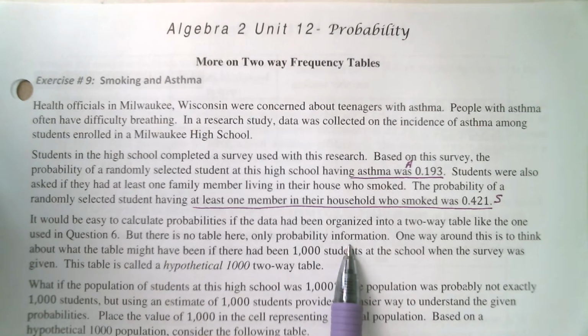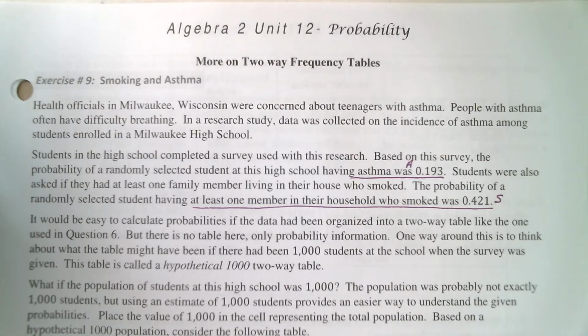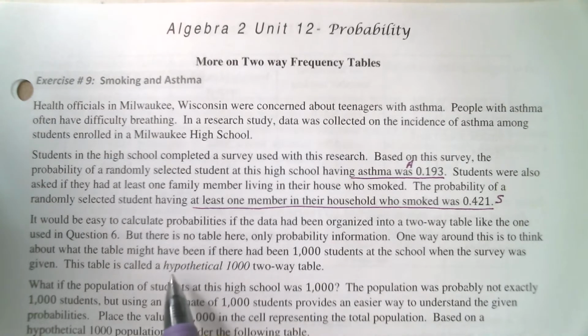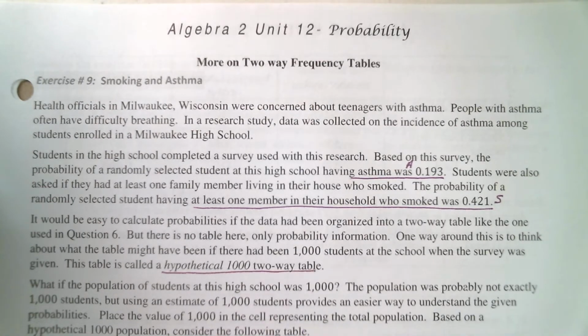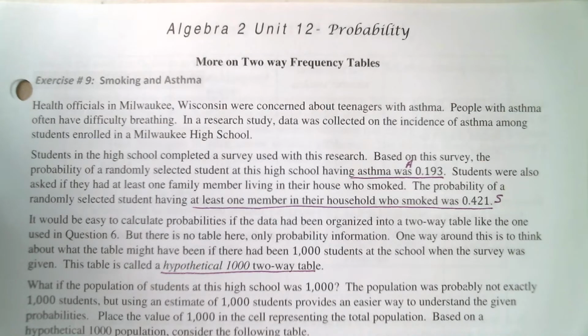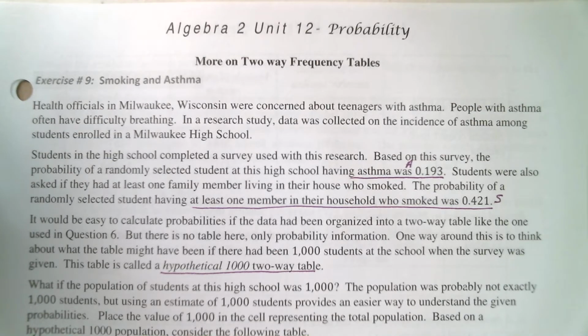One way around this is to think about what the table might have been if there had been 1,000 students at the school when the survey was given. This table is called a hypothetical 1,000 two-way table. What if the population of students at the high school was 1,000?